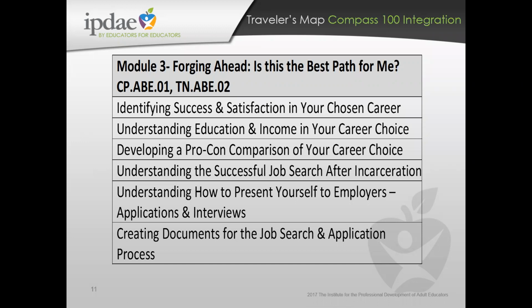Hybrid is Compass 100 that is done standalone, still by an instructor. There is no self-study, but hybrid is done when someone is nearing release if they have not completed the live version within the past 18 months. So if they don't complete it within 18 months of release, they'll have to go through hybrid in order to finish.